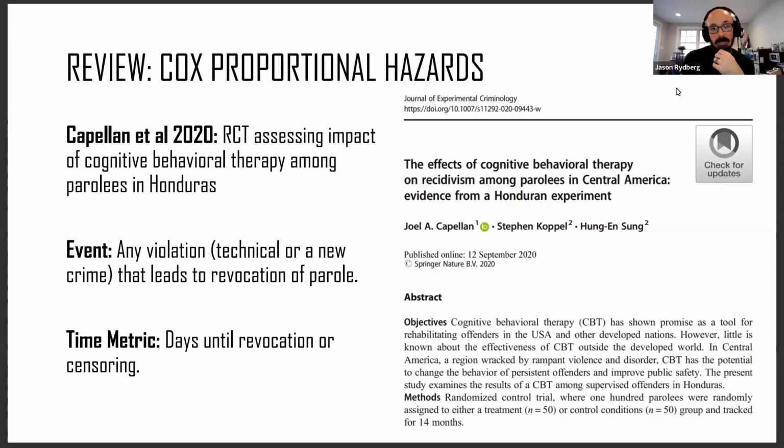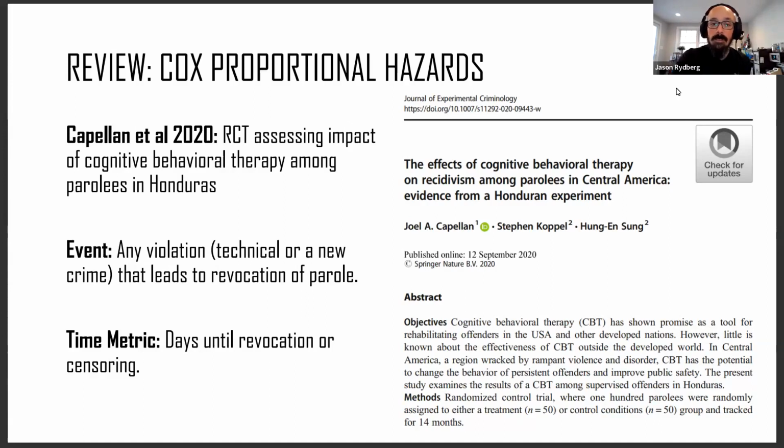What they were interested in modeling was survival in terms of whether they had received a technical violation on parole. So you're given conditions: don't talk to this person, don't do drugs. They vary depending on who they're applied to and the country. But they're interested in modeling whether they incurred a violation that led to their parole being revoked, being sent back to prison.